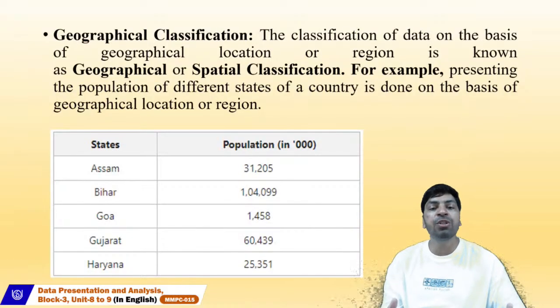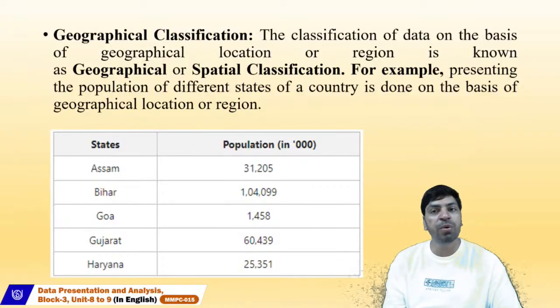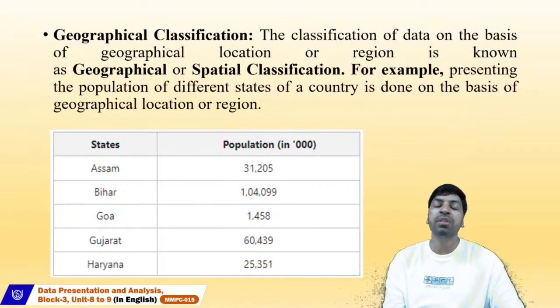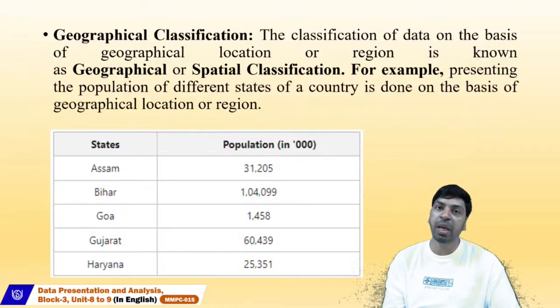So in this tabulation, the classification of data is based on the location in India. The population has already been shown in the tabular statement, that is in thousands. If you look at the values, this is how the geographical classification has been done in a tabular way.